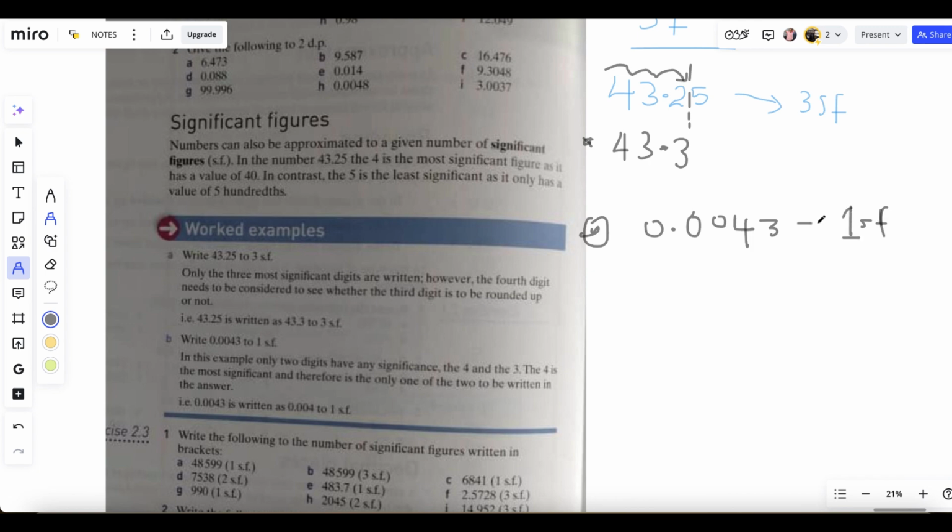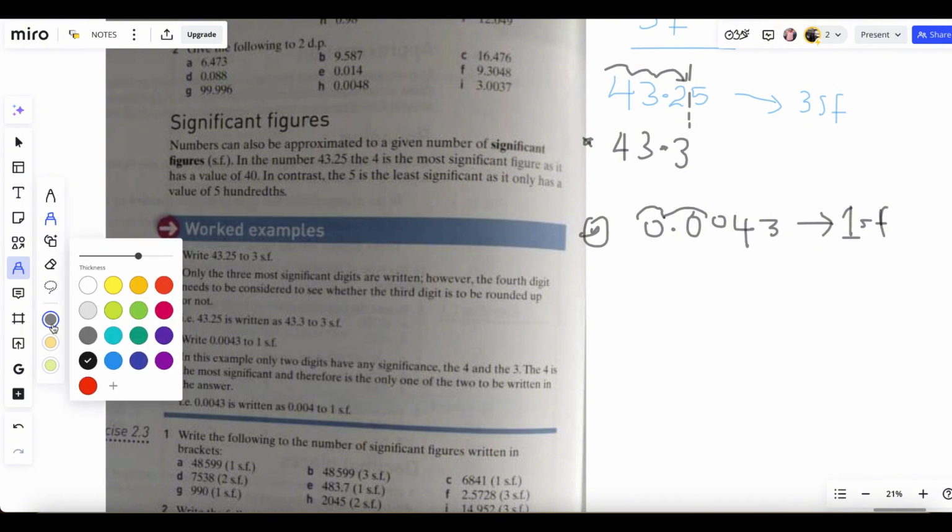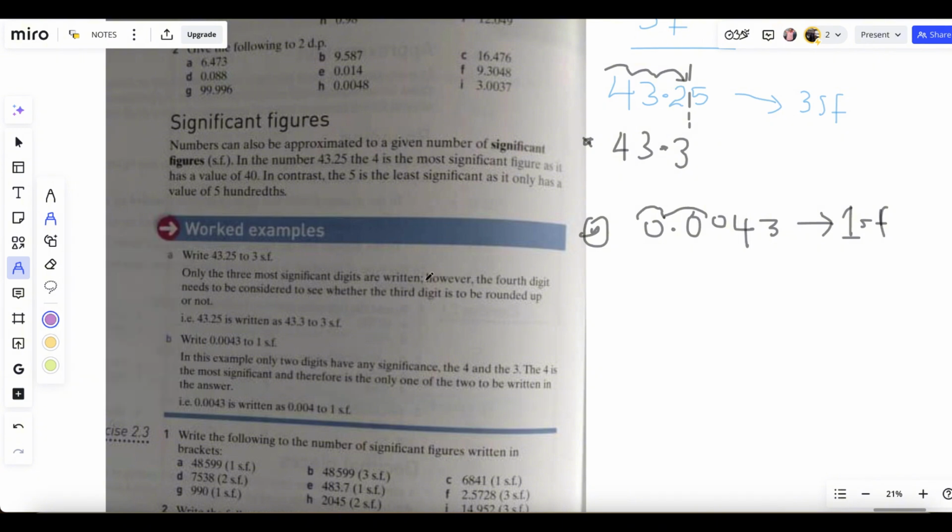Now why is it different a little bit? Because I'm supposed to count from here only once. This is 1 significant figure. But 0 is not significant. So I will keep moving till I reach a significant number. This 0 is not significant till I reach this number 4. 4 is the first significant number.